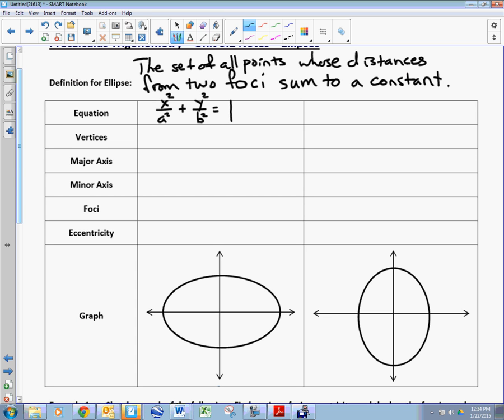A, and that's how many units it will be stretched in the x direction. We look at the number under y squared. It's b squared. We take the square root of it. What's the square root of b squared? B. And that will be the number of units that it's stretched in the y direction. For ellipses, we always say that a is greater than b.